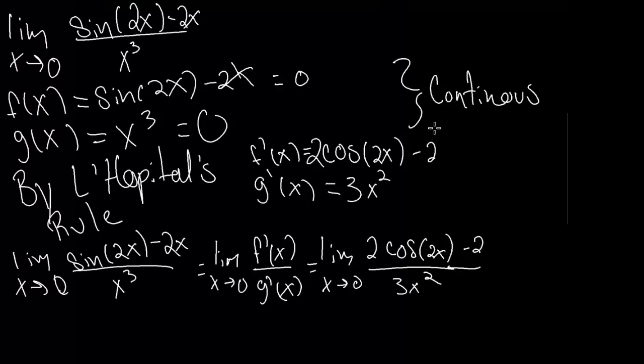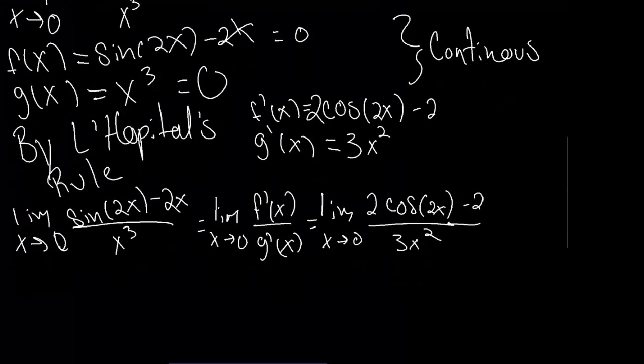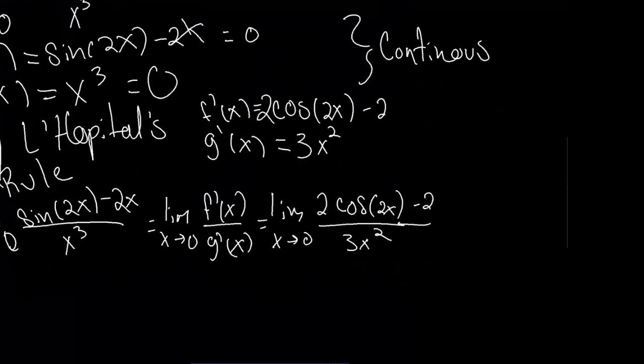However, you'll notice that when we do this, this still doesn't allow us to evaluate, right? Because if we plug in 0, let's separate this limit into 2 parts as we previously did, right?